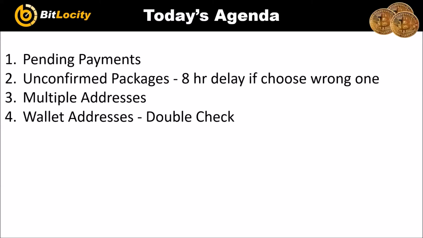So one of the things you want to do, ladies and gentlemen, is double check your receive wallet address. You want to double check that before you save that within the system. And if for whatever reason you've put in a wrong address, you're going to notice very soon in the back office that you will be able to change your own wallet address, provided that you have completed the F2A security feature.